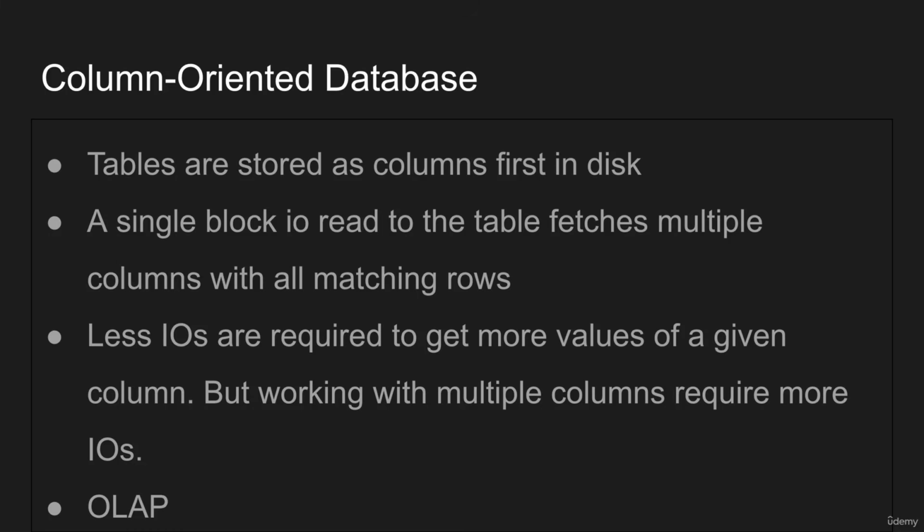And then once the last value of the first name is done, they start with the second one, right? Last name, and so on. So you might say, oh, why are we doing this? And we're going to come to that.